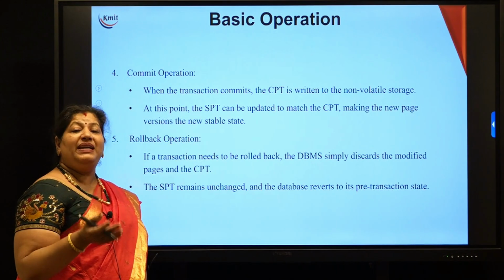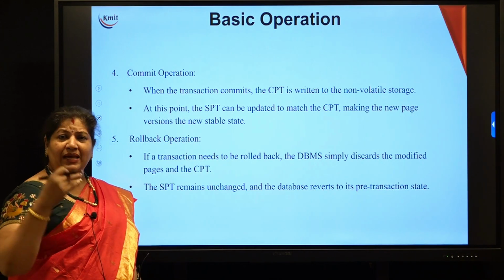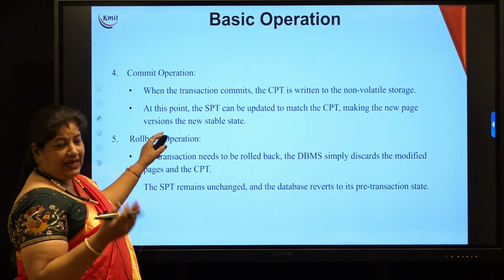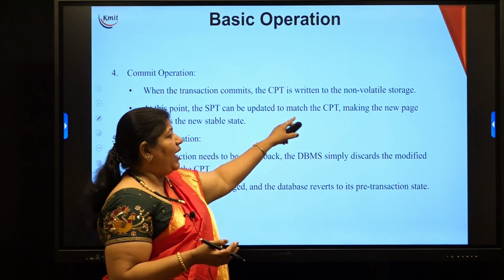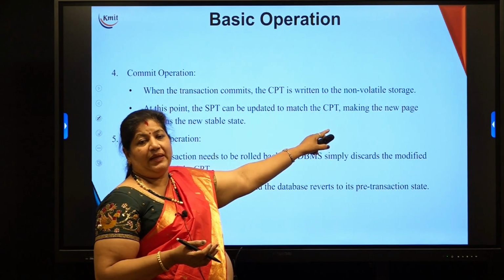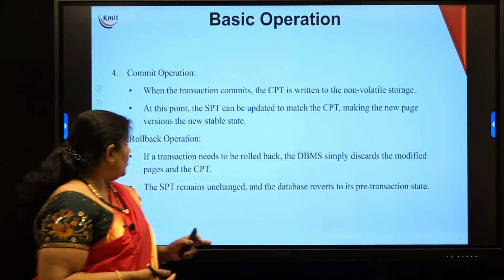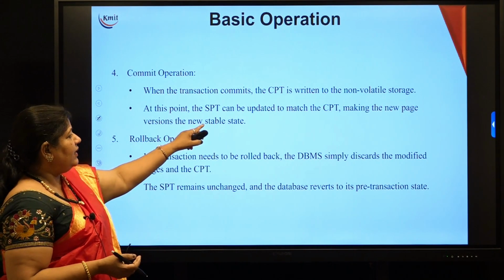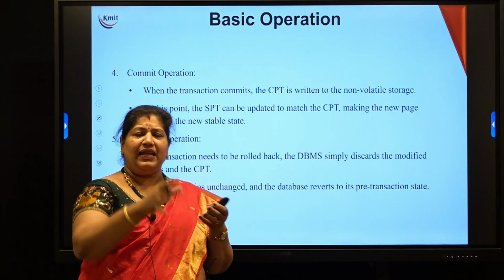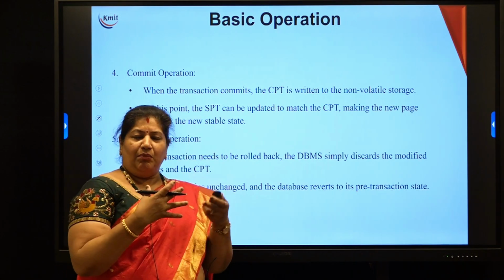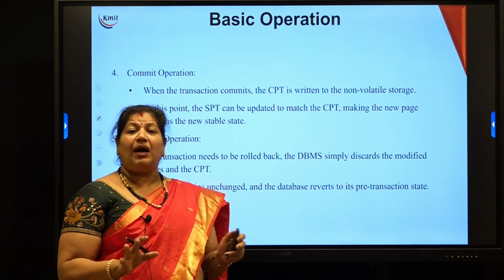That means the updated page is going to be written onto the database, and at this point the SPT can be updated to match the CPT. That means making the new page versions the new stable state. So when it is committed, the SPT matches the CPT again.